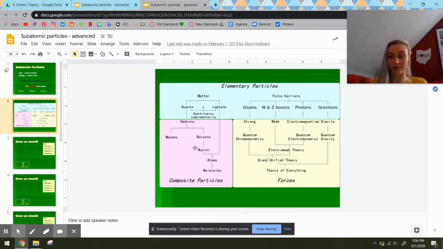So this is a very fancy table just saying that we have matter. Matter is made up by atoms. Atoms contain nuclei and electrons, and within those parts of the atom, what holds them together are these forces. You don't need to know those forces or anything, so don't get overwhelmed.